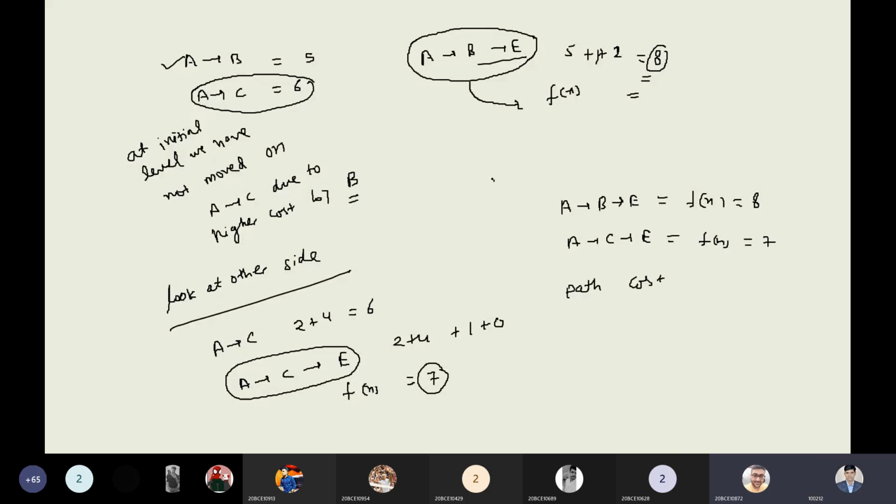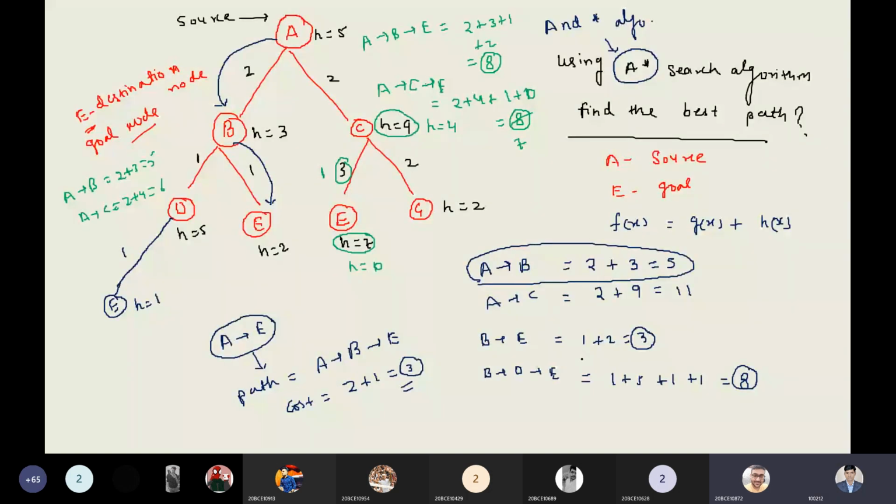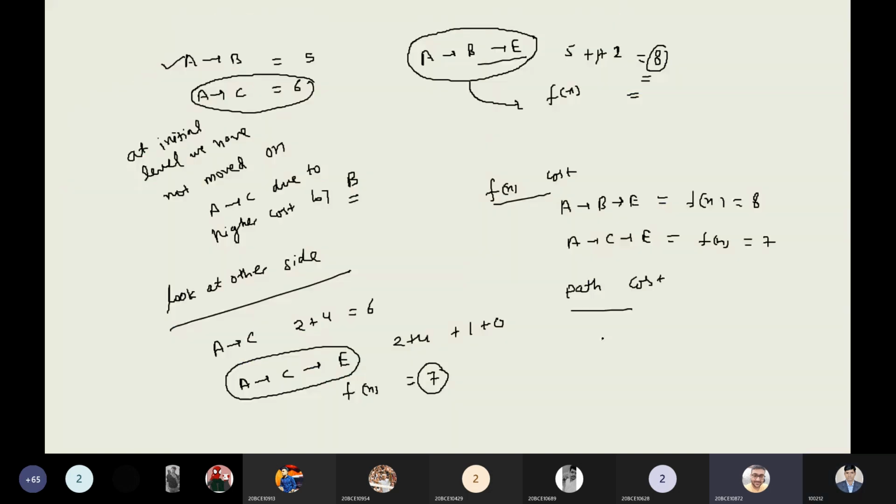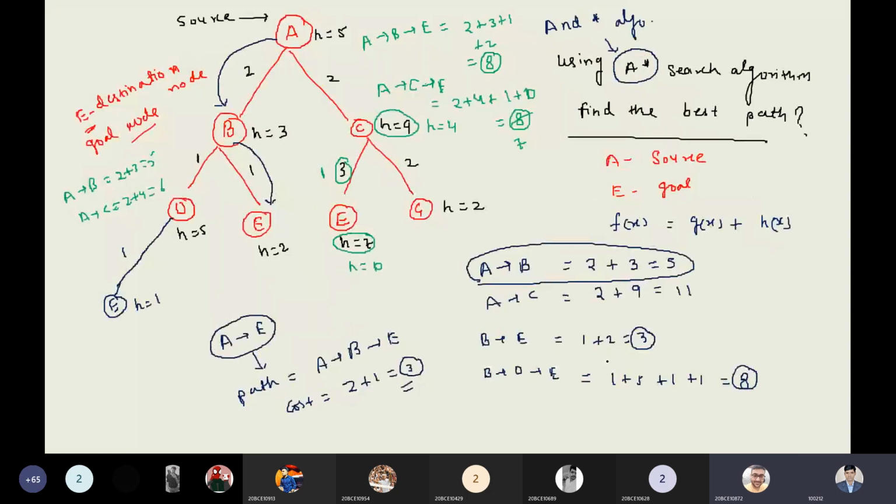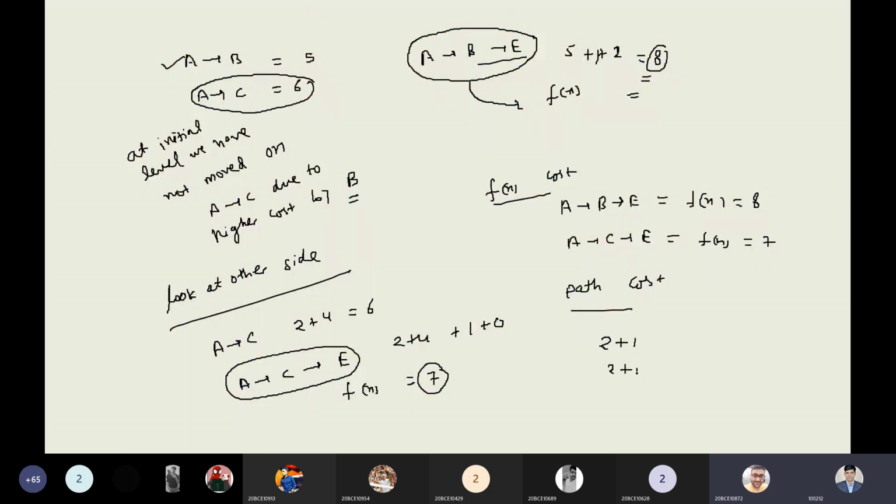Okay, now look at the path cost. This is the function cost. I can write over here. Now path cost. So what is the path I have taken? 2 plus 1, and the other one was also 2 plus 1. So both are having the same path cost.